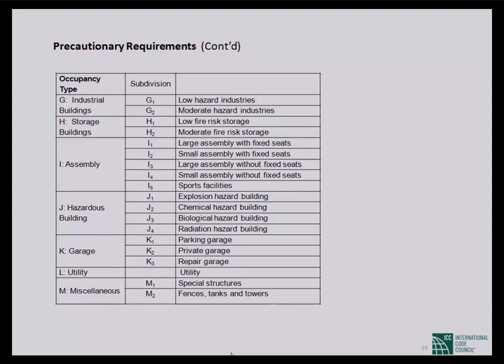Actually, garments have different types of commodities within the building. Some are very highly hazardous, some are moderately hazardous, and some are very low hazardous. So it is very difficult to say all garments are G2. So when we give firefighting options for a garment factory, we always prefer, as per 2020, that it will be performance based, because there is a lot of variation of fuel quantity, hazardous ability, and a lot of that.